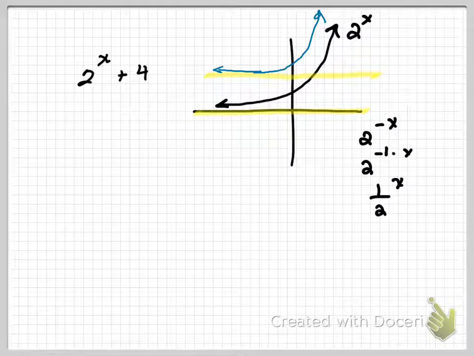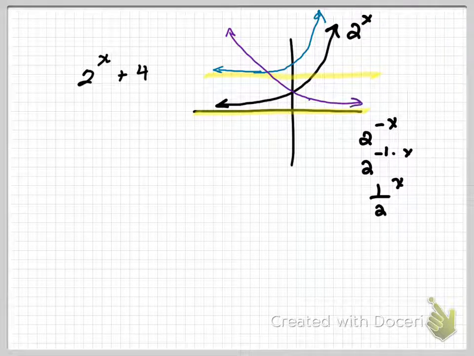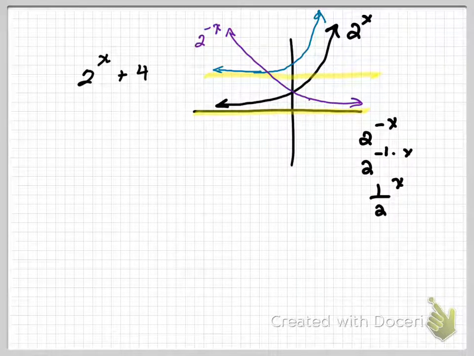So we have 1/2 to the x. So basically, that's going to reflect our graph about the y-axis, which is what we would think. So there's the graph of 2 to the negative x. Again, we replaced x with its opposite. So it's consistent with what we learned about before.